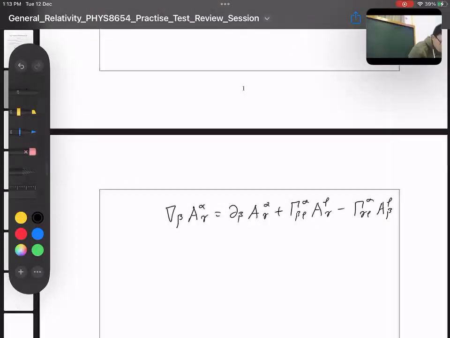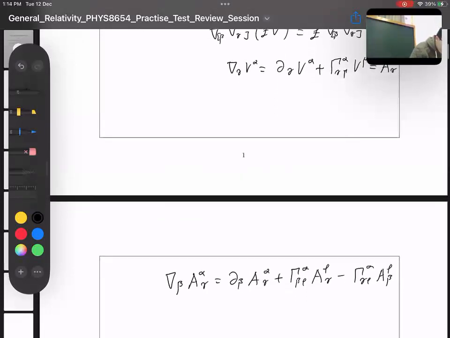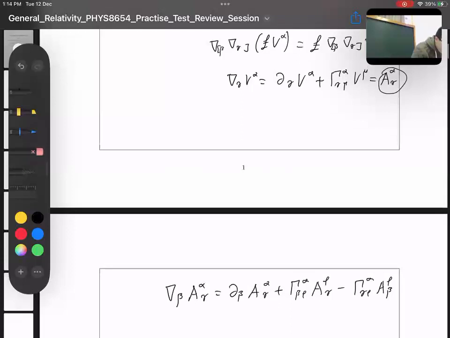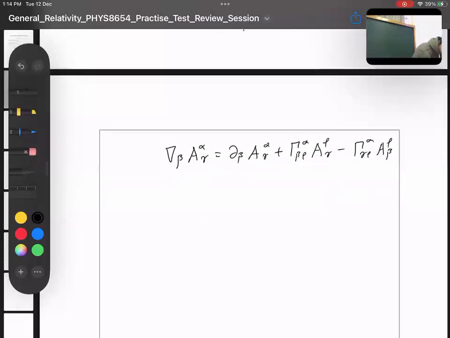So what we do is we substitute this expression, this one, into here. So you see this big one, we just substitute it into here. So we get this really ugly term. So partial beta gamma of v alpha is equal to this long one.